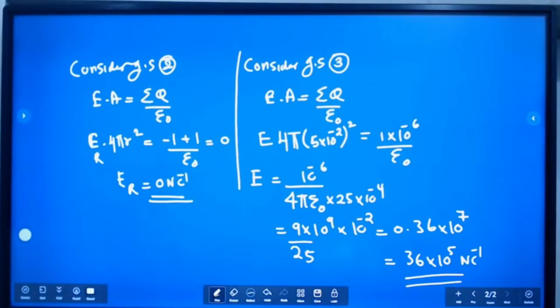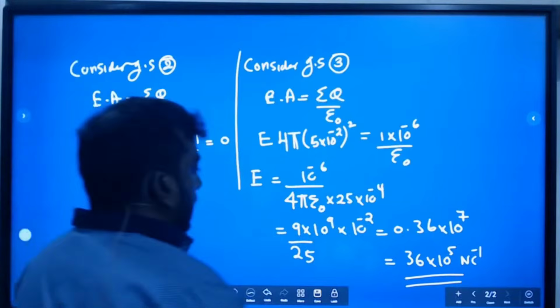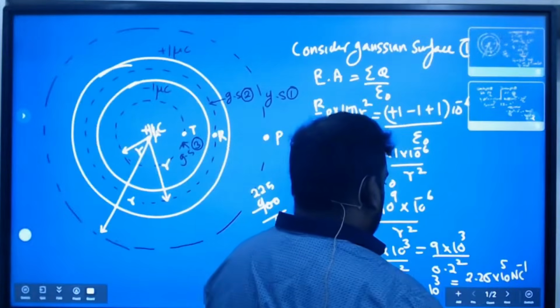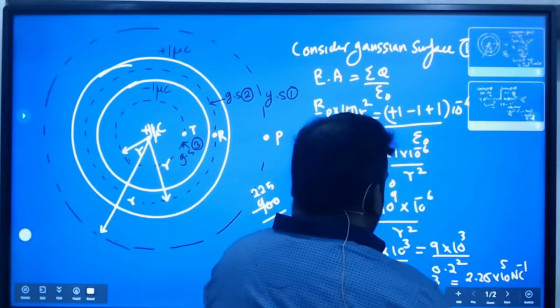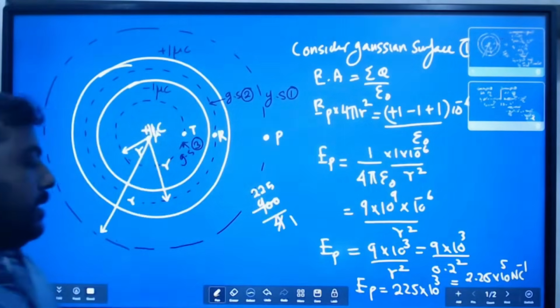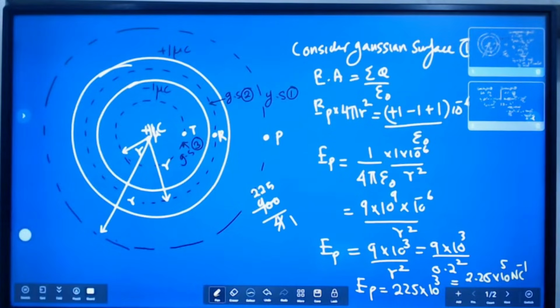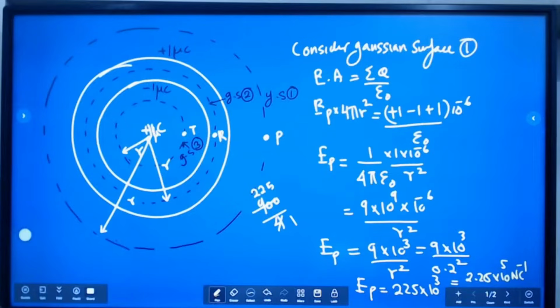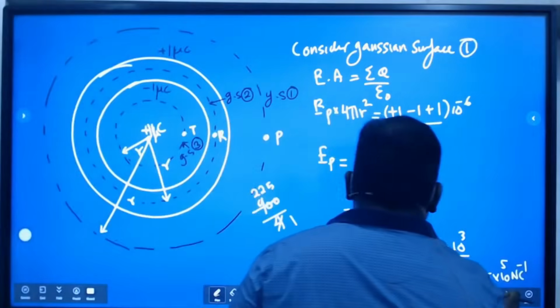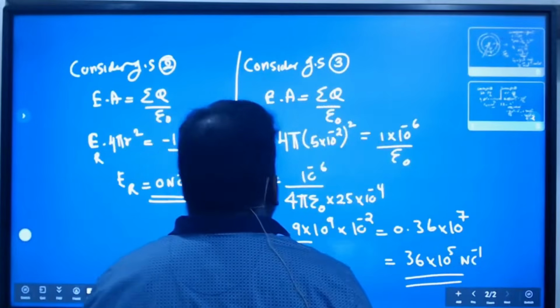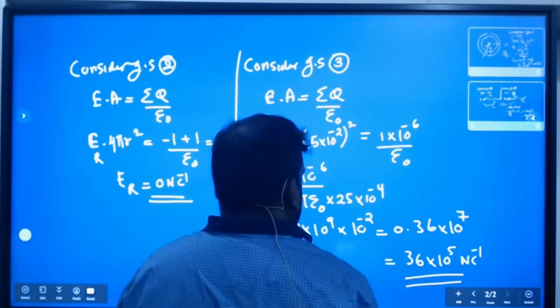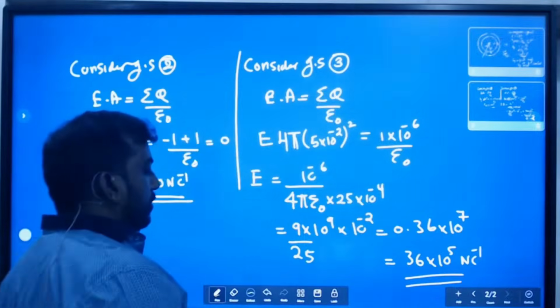Check and see whether you got this. 2.25 times 10 to the power 5. Here, 36 times 10 to the power 5. That's right.